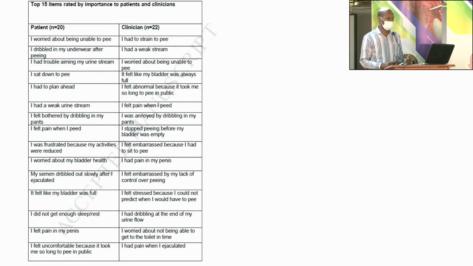And then they went to patients who had urethral stricture disease, and they asked them, what are the 15 symptoms that you consider most important? Surprisingly, there was 54% agreement on what they considered important. But 46% of the time, there was a discordance. What the patient considered important was not actually important to the surgeon.